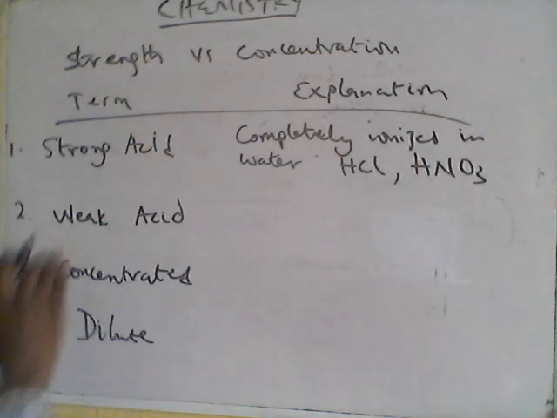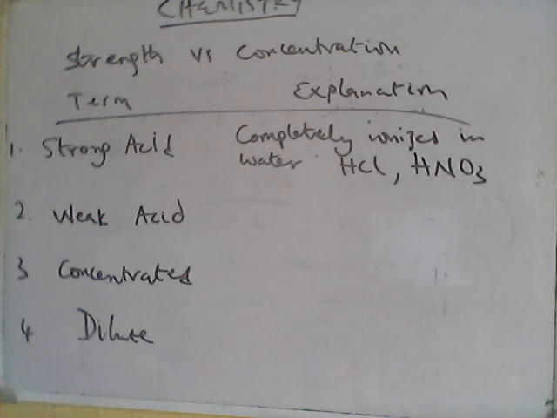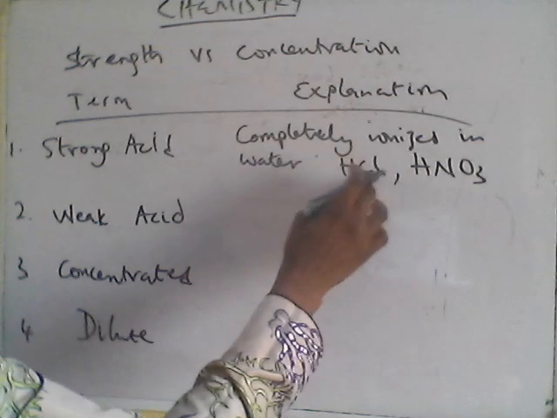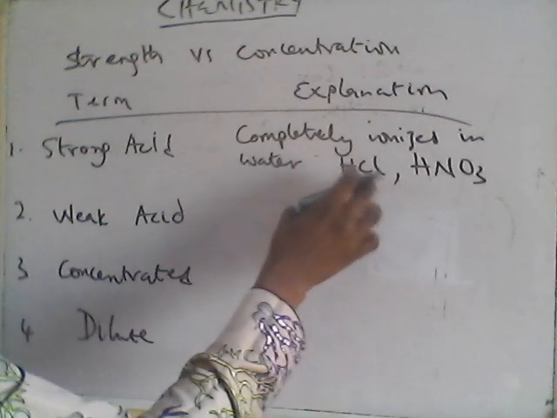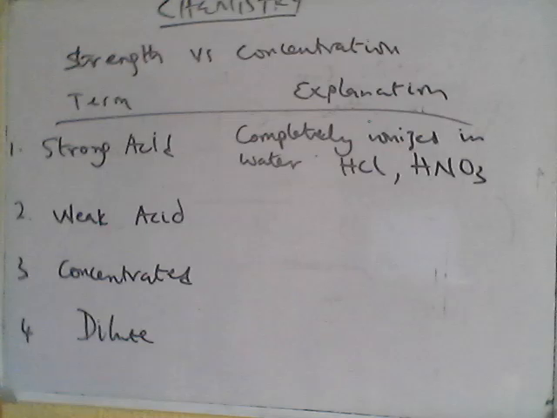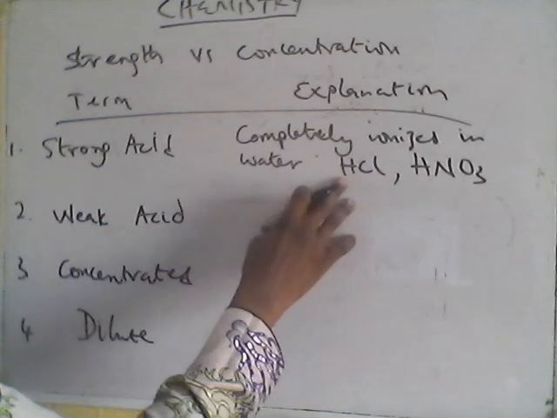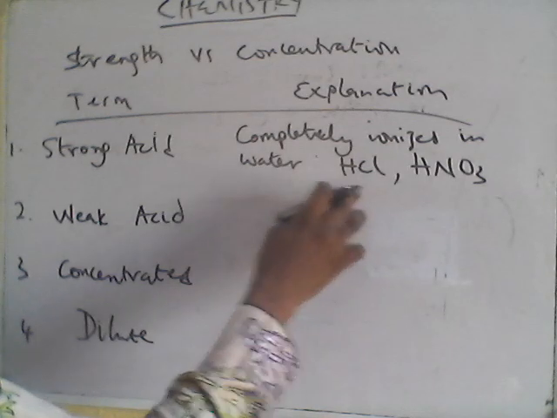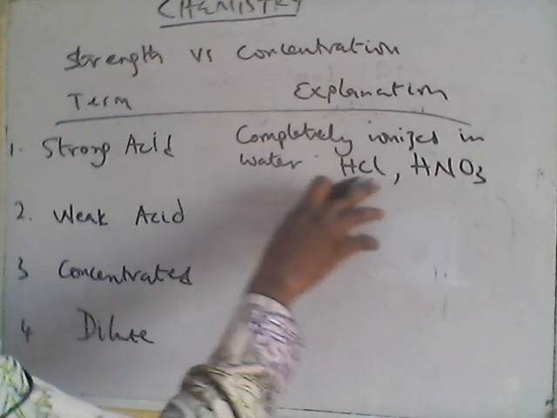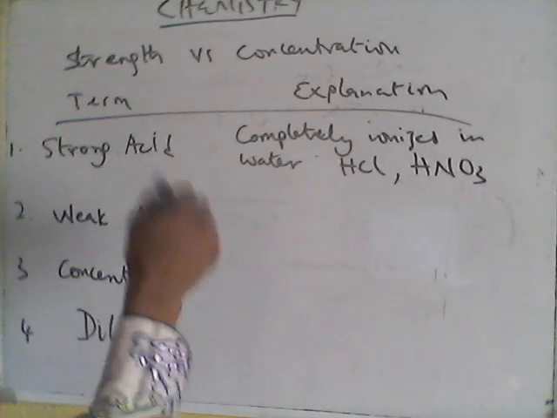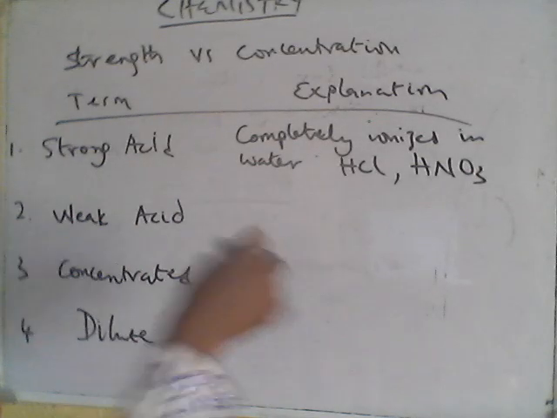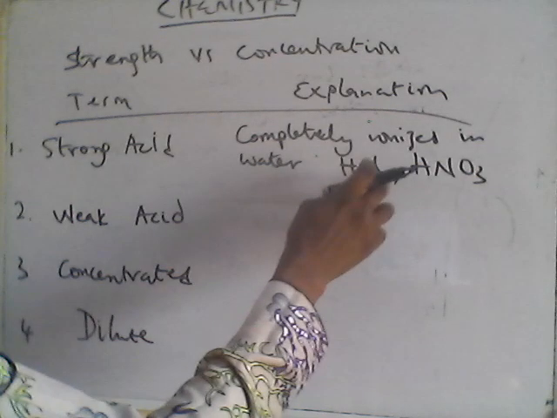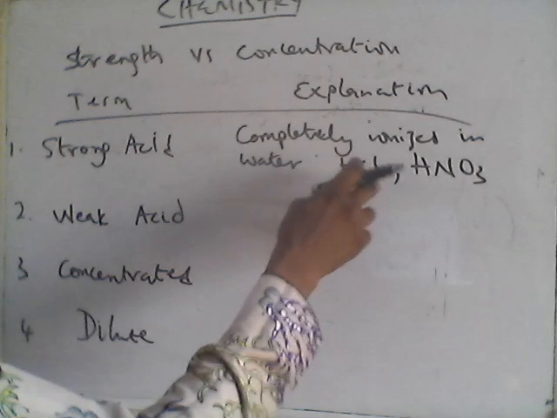Now for weak acid, there is partial ionization in water, so that the part that hydrogen is combined with, we still have hydrogen inside. Here, hydrogen is pairing with a non-metal, and you don't have any hydrogen component again. But for weak acid, you'll be seeing hydrogen inside the compound or radical it is pairing with.